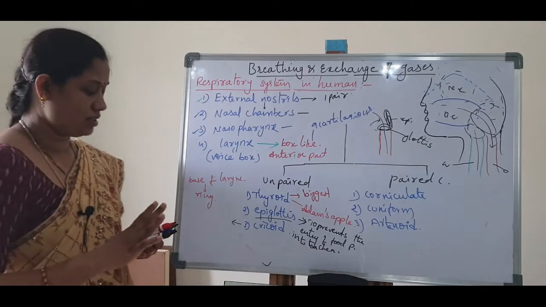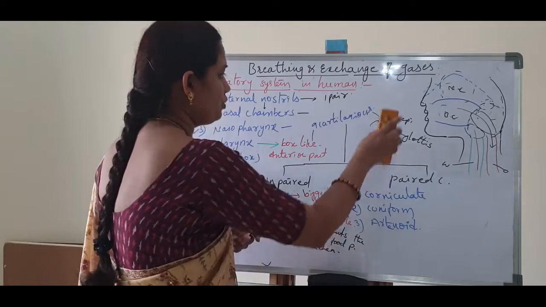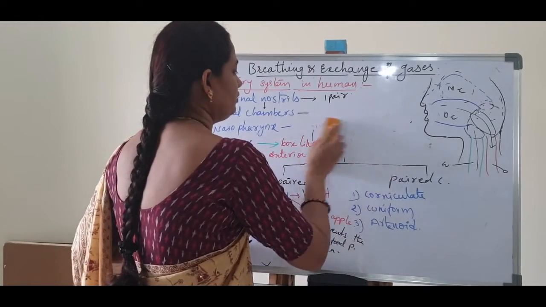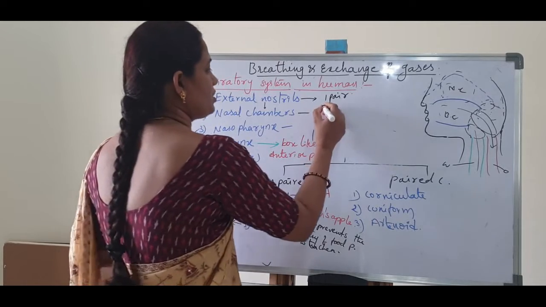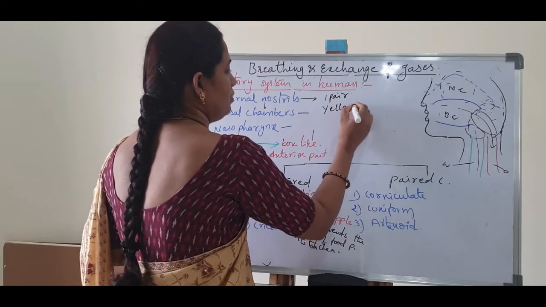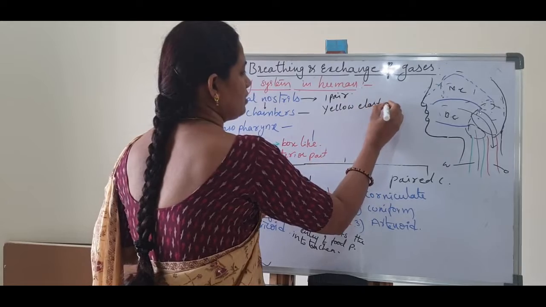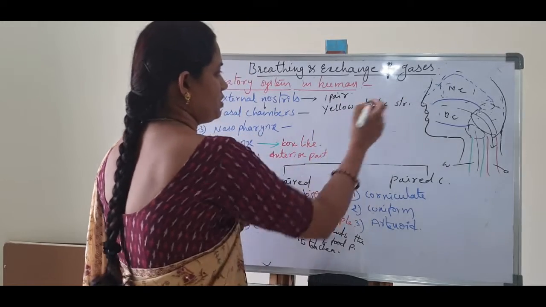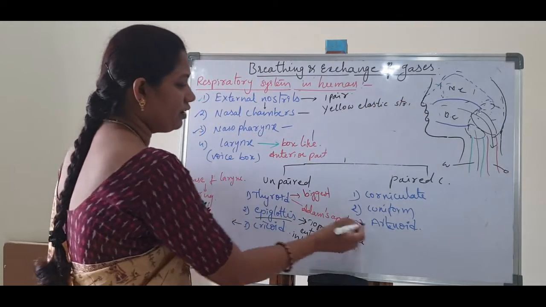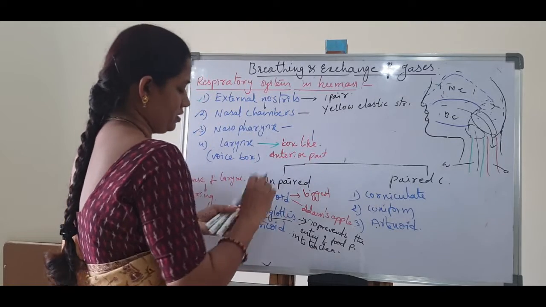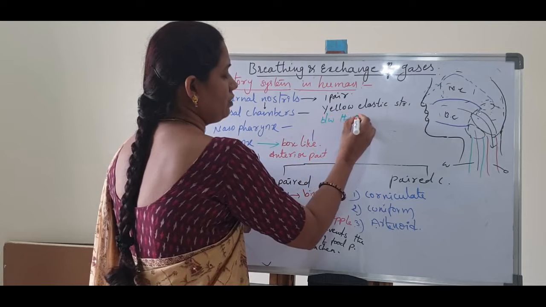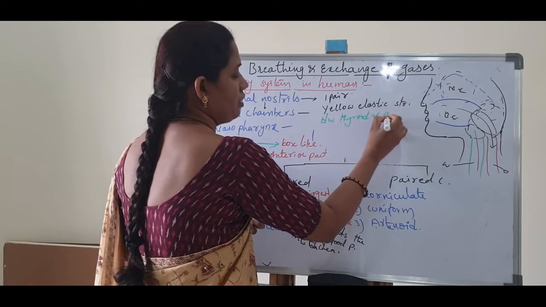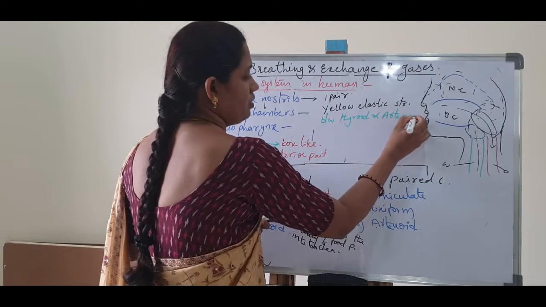In the larynx region, one more structure is also present: yellow elastic structures between the thyroid and arytenoid cartilages.